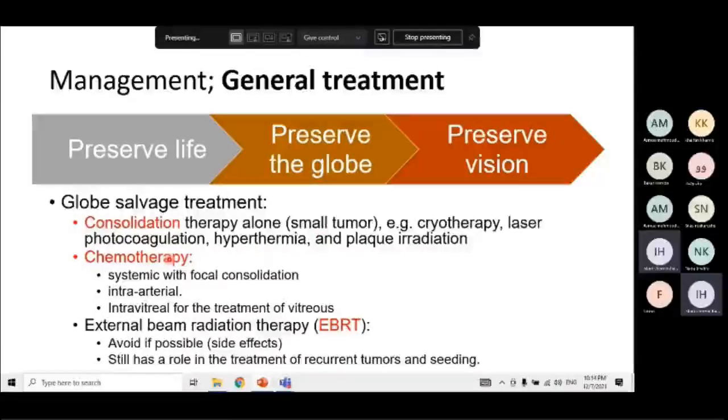If the tumor is a bit larger, we give chemotherapy, systemic, followed with local consolidation, as we said, or we may go to what we call the intra-arterial chemotherapy, or we may go for an intravitreal chemotherapy for the vitreous seeds. In the past, we used to do external beam irradiation. We try to avoid it. It still has a role in recurrent tumors and in vitreous seeds, because usually the vitreous seeds are difficult to treat.